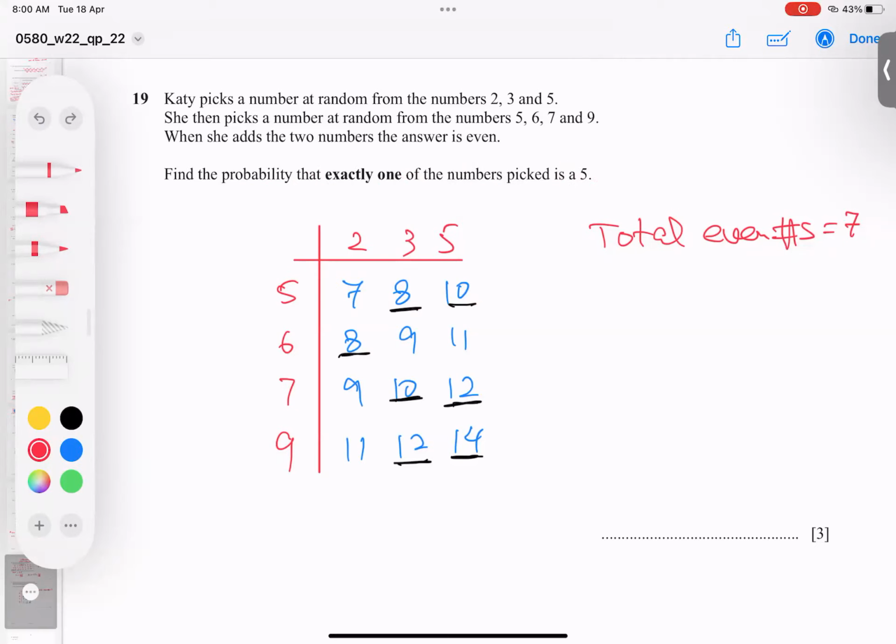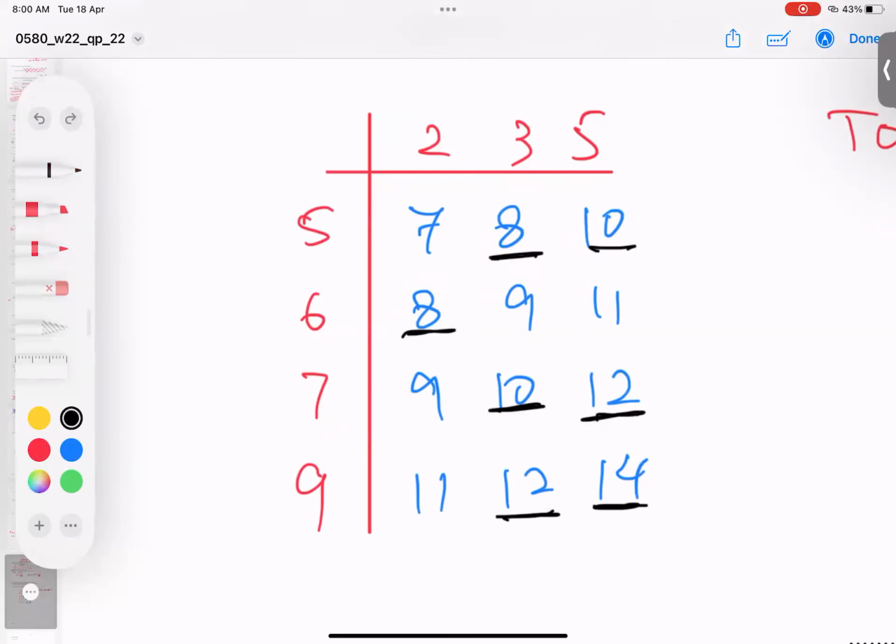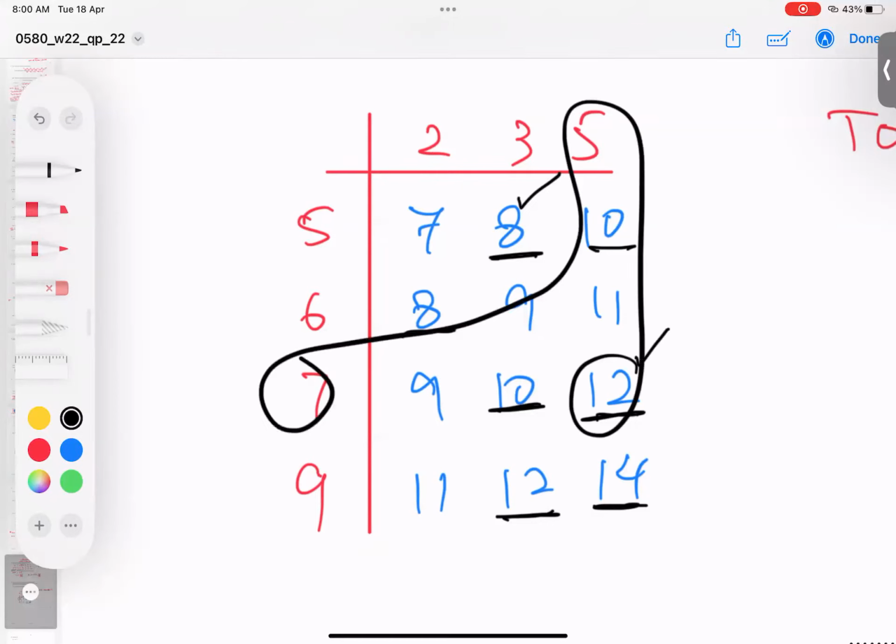So it means I put tick marks on the numbers I'm looking for. This is okay. Why? Because 3 and 5, one 5 involved. This is not okay. Why? Because two 5s are involved. This is not okay. Why? 2 and 6, 5 is not involved. This is not okay. 3 and 7, so 5 is not involved. This is okay because 5 and 7 involved.